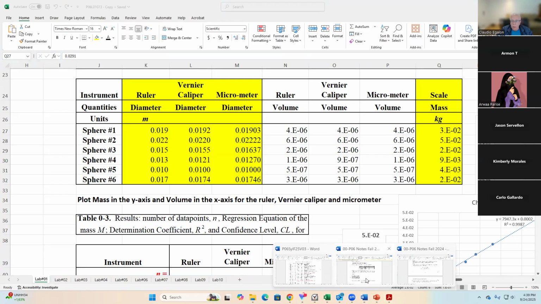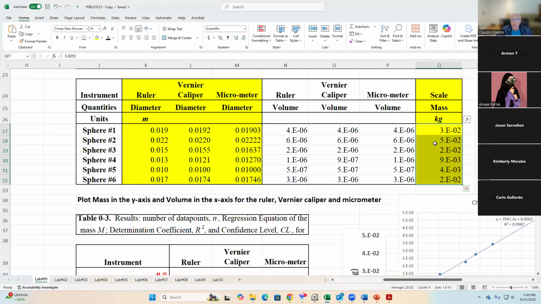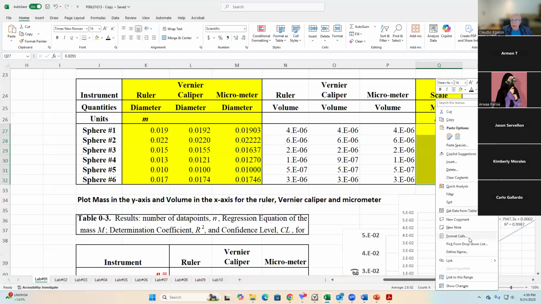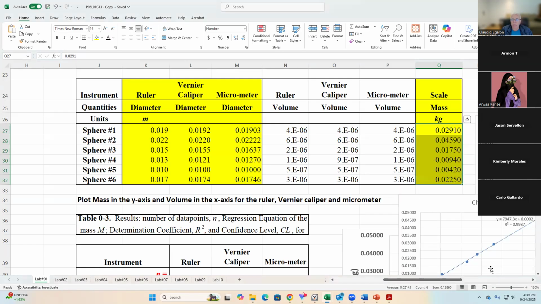Here you go. This one, right? 1, 2, 3, 4, 5. Yeah, 5 decimal places. Right click, format cell, number. 1, 2, 3, 4, 5. All those measurements were made with the same device.